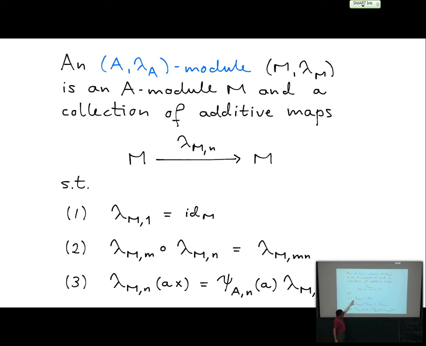This collection of maps is an action of n cross through additive maps, but they are not A module homomorphisms. Instead, if I multiply by A and then use lambda mn, I have to multiply by the nth Adams operator applied to A on the outside.